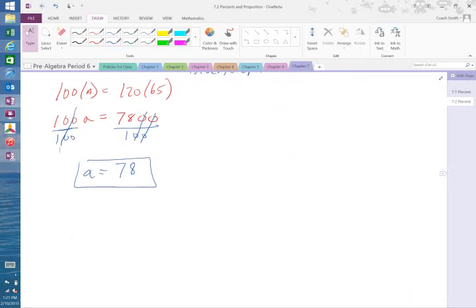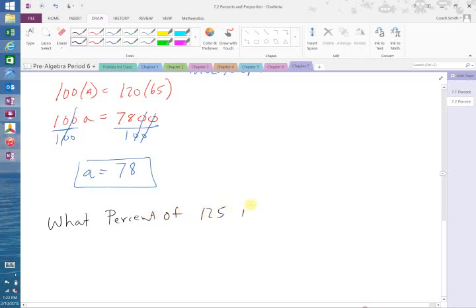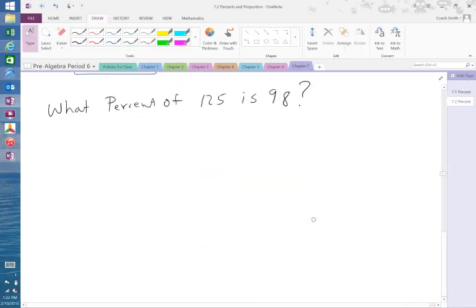All right, so then what if we had this? What percent of 125 is 98? Once again, identify the of.